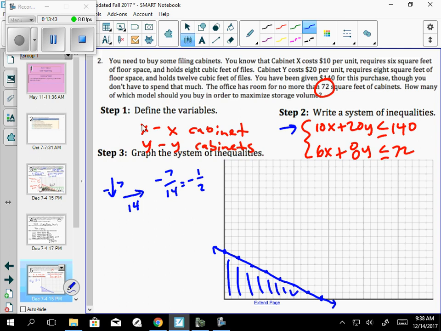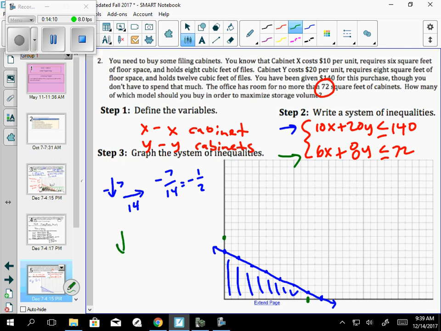All right, let's do the other one now. On this one, if you do the cover up method, if you cover up the Y, 72 divided by 6 is going to be, let's see, 12. So 12 is right here. And then if you take 72 divided by 8, that's going to be 9. 9 is right here.